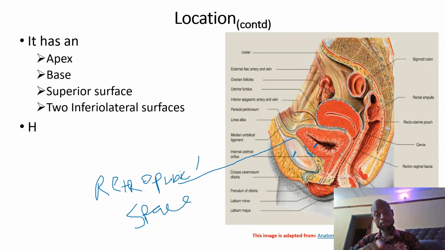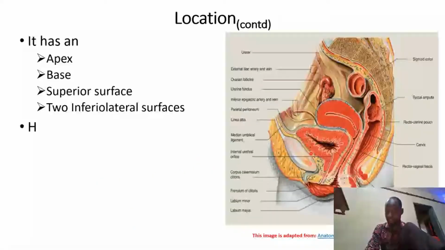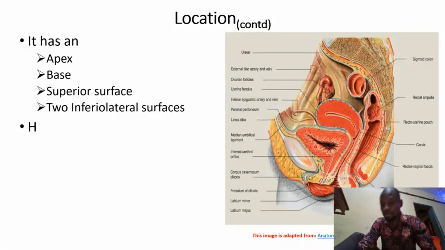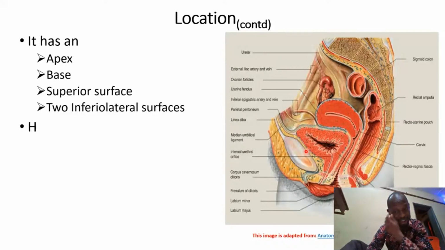You can call the name of the person who described that earlier on, which is Retzius. And in that space, it exists between the bladder and the pubic bone. Now, within this space, you find what ligament, a ligament.